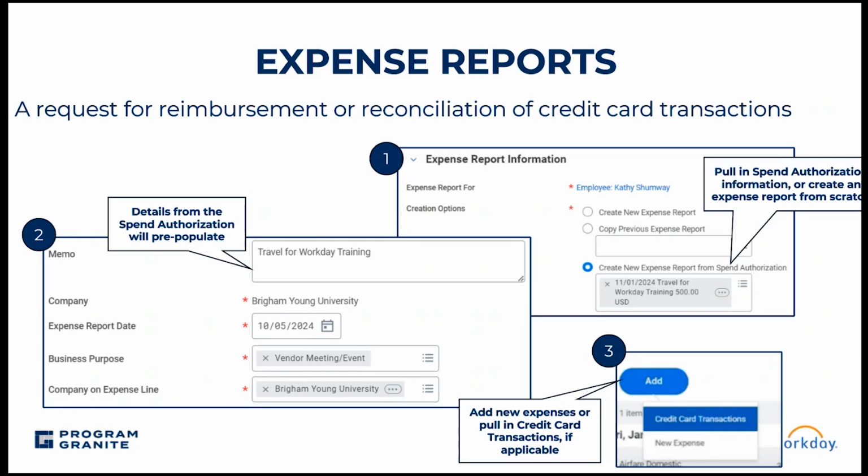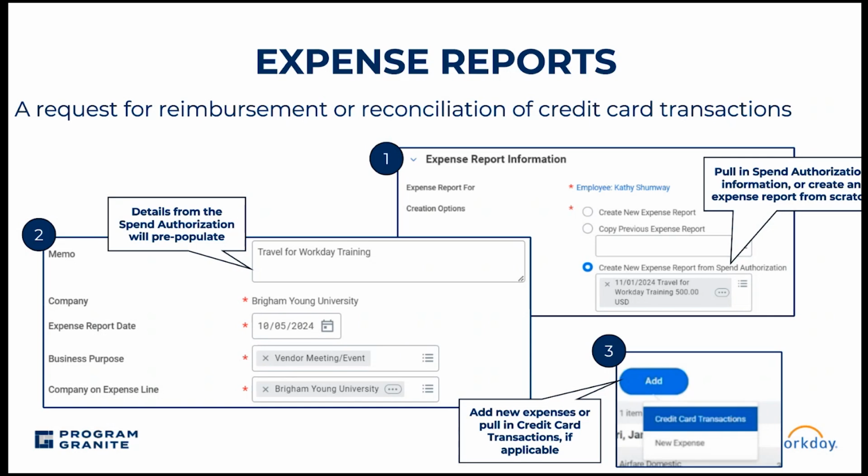You guys are gonna do it backwards. You're gonna create a spend authorization this time. So the first part of it is the same. Your business purpose is going to be your vendor meeting or event, or it's got a whole list for you.